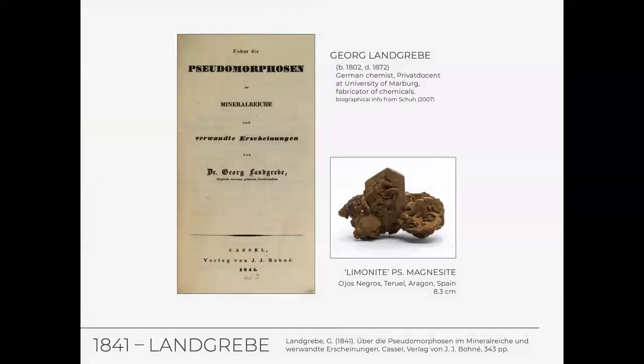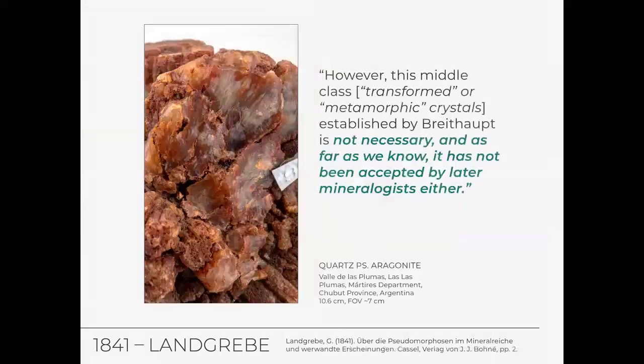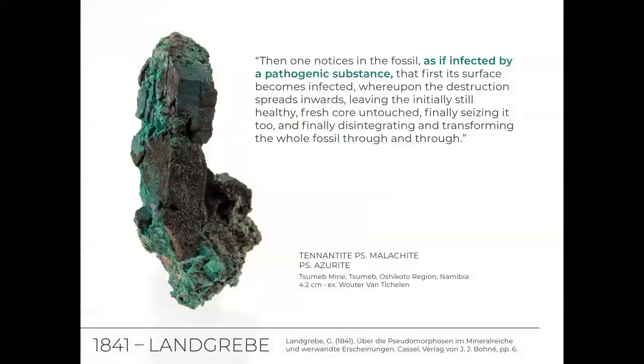In 1841, Landgrebe publishes On Pseudomorphoses in the Mineral Kingdom and Related Phenomena. Landgrebe rejects Breithaupt's class of metamorphic crystals as unnecessary, but using the same imagery as Steffens of the change resembling an infection, he agrees that there's something more than just infillings and incrustations. He also notes that this change can happen not just from the outside in, but also from the inside out.